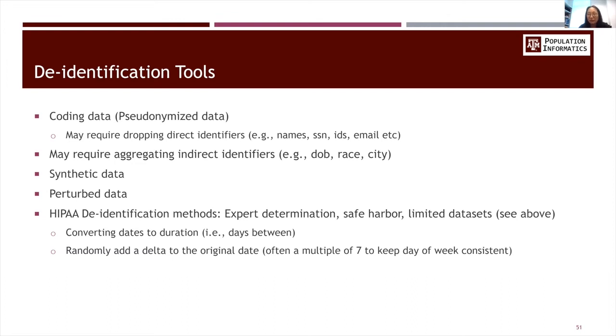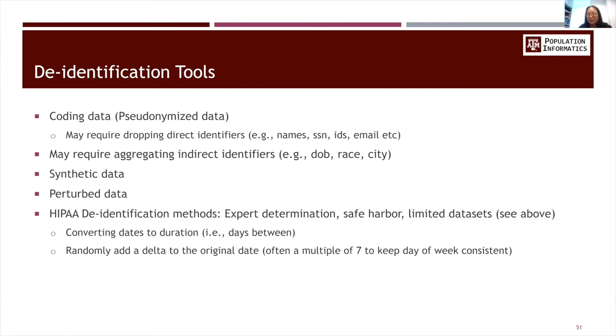Other things you might do: if you have a field for date of birth, you might go into that field and give it a fake date of birth. But you want to do this with reason, such that when you're answering questions, the research answers are reasonably accurate. For example, if we talked about HIPAA and a limited data set, limited data sets can have full dates, but fully de-identified safe harbor data can't have full dates.